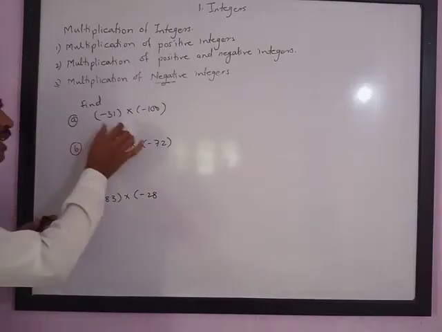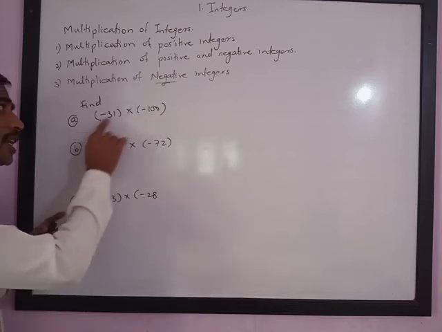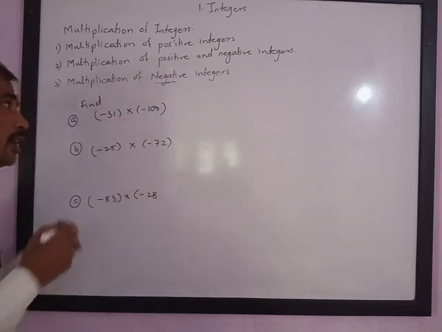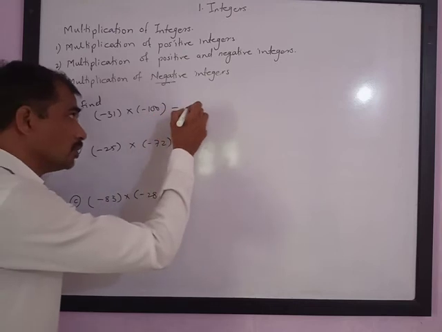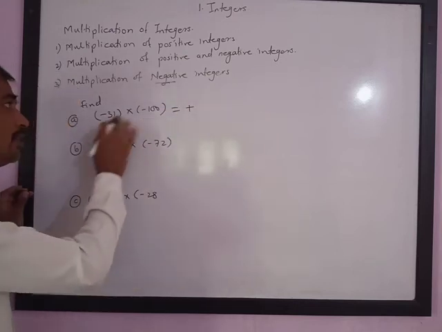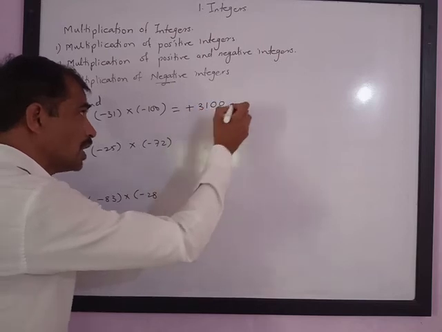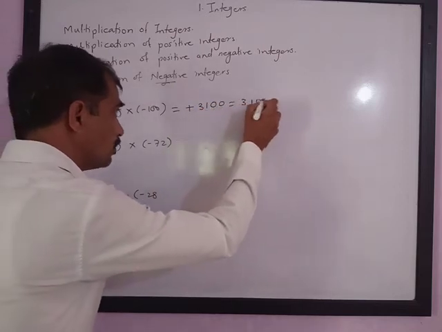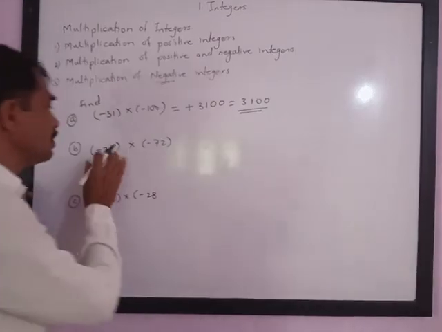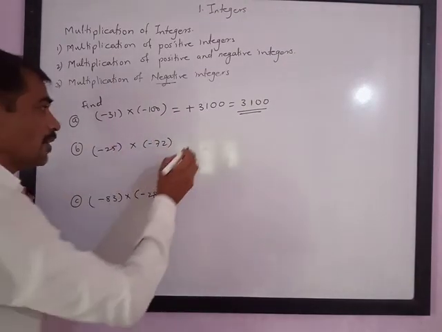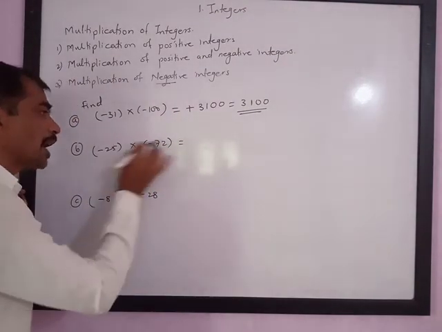Now see, next is both integers are negative. Minus 31 multiplied by minus 100. So the answer will be positive. And 31 ones are 31. 2 zeros. So the answer is equal to 3100. Now next is minus 25 into minus 72. So we have to multiply the whole numbers first.